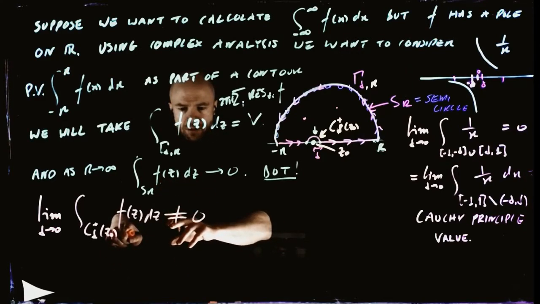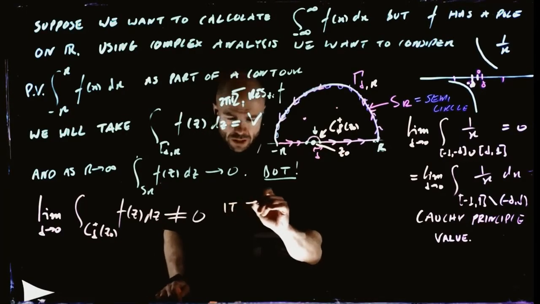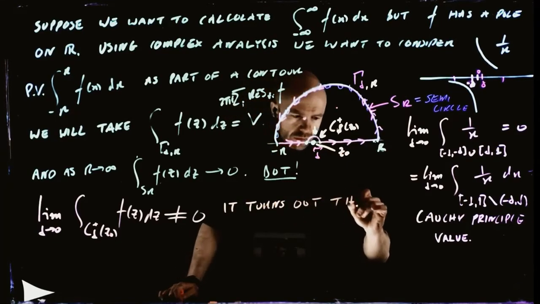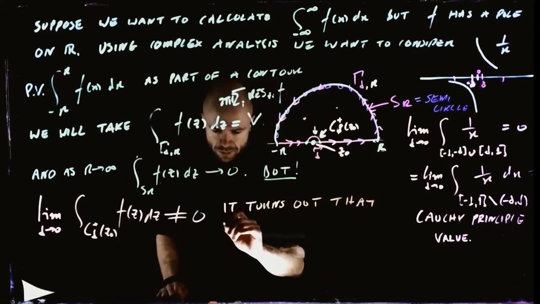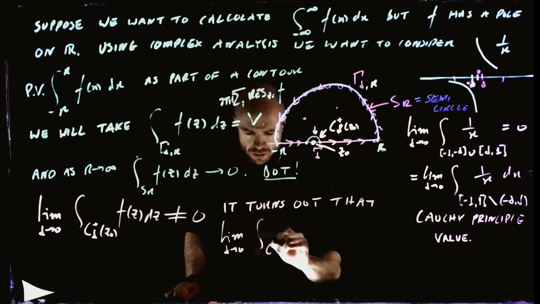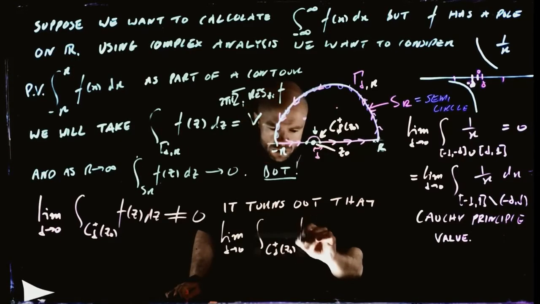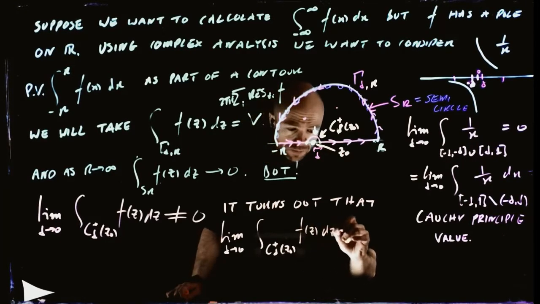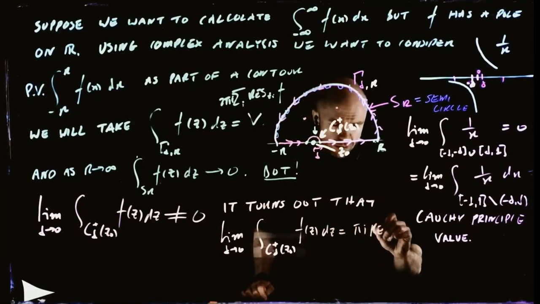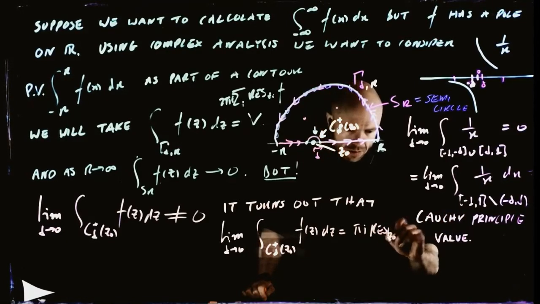So it turns out, and I'll show you in a second, that this thing, the limit as delta tends to 0 of the integral over C plus delta of Z0 of f of z dz, will turn out to be just pi i times the residue of f at Z0.